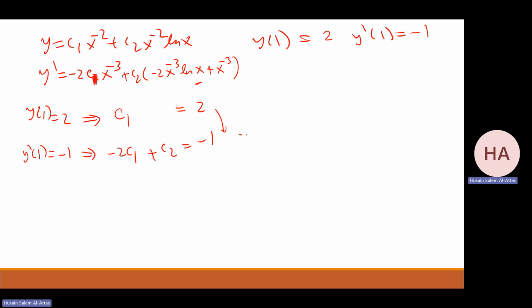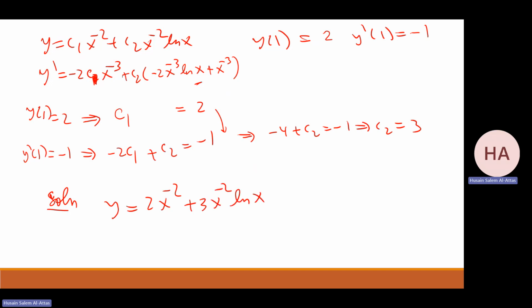C1 equals 2, that implies minus 4 plus C2 equals minus 1. So C2 equals 3. So what will be my solution? y equals 2x to the minus 2 plus 3x to the minus 2 ln x. You can check at 1, that would be 2, this would be 0. So I think my solution is correct.